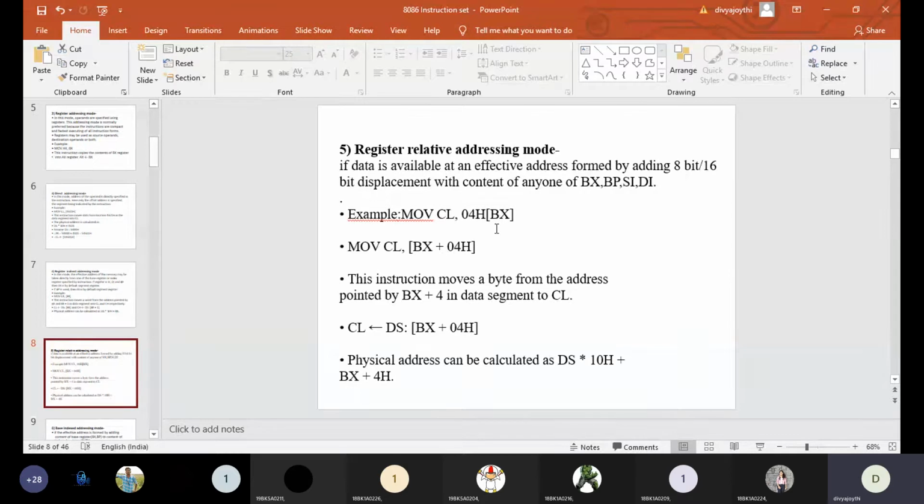As usual, the offset address is stored in BX. The number here represents the displacement. And here, as BX is present, it needs to be an offset address. So now, how will the processor calculate the address?